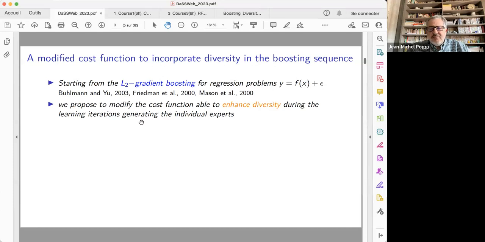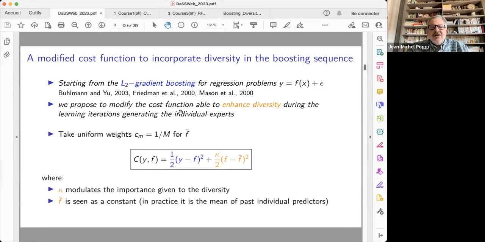And we just propose to modify the cost function. The usual cost function for the L2 boosting is just this one, the mean square error. The idea is to incorporate in this cost function some additional terms in order to enhance diversity during the learning iterations, generating the individual experts.